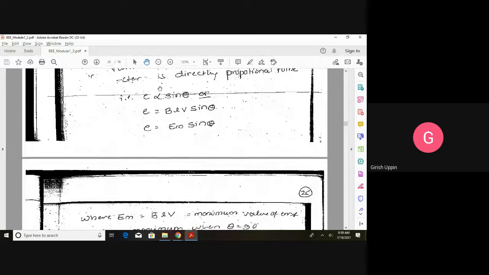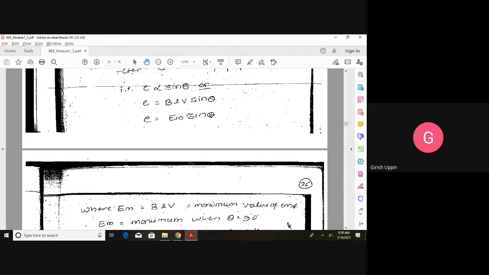So at the end, what is E? It is an instantaneous value. What is the instantaneous value of the voltage? The voltage generated at any instant when you are rotating in that magnetic field is given by E directly proportional to sine theta, or E is equal to BLV sine theta. And what is B?